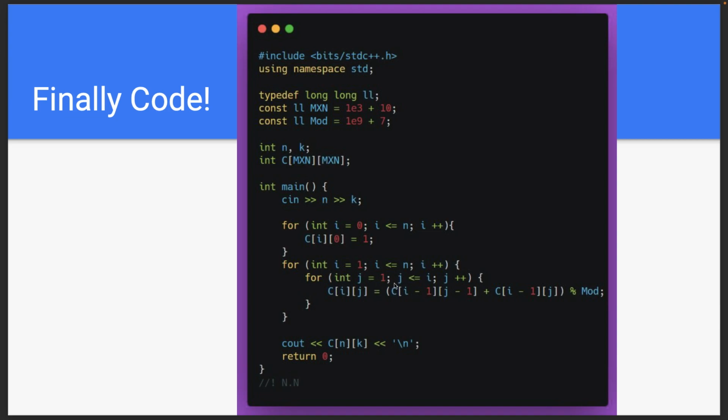And also the thing I mentioned, you can see here that there's a mod. Why is there a mod? Because sometimes, for example, when you have the maximum n up to 1000, choosing 500 out of 1000 would be a very large number. You can imagine how large it would be because it has elements like 1000 multiplied by 999 up to 501.